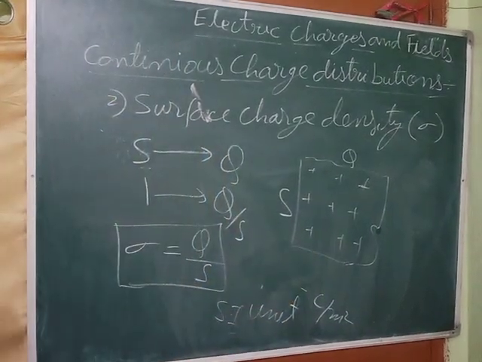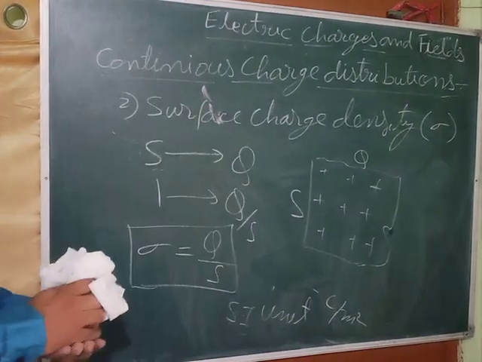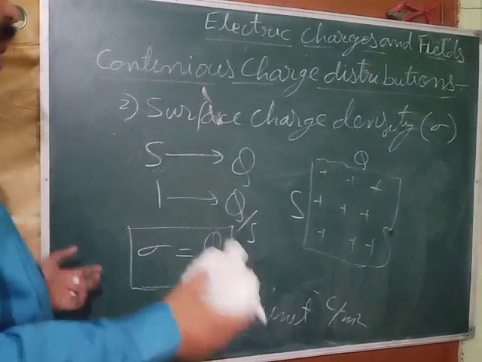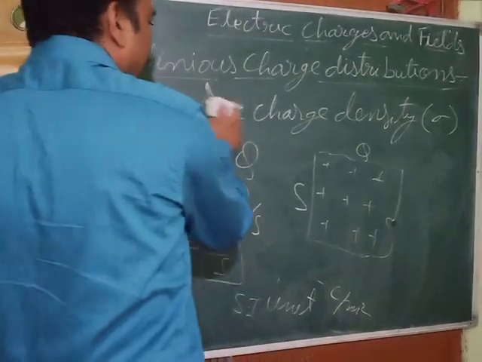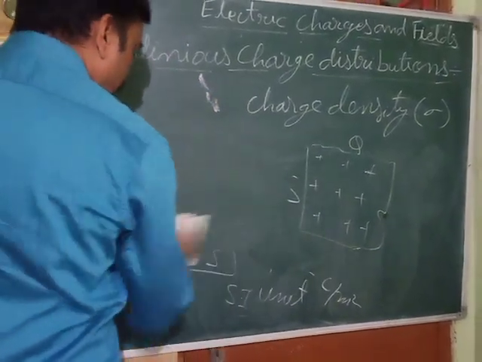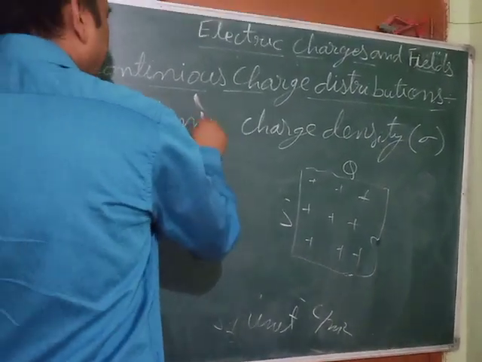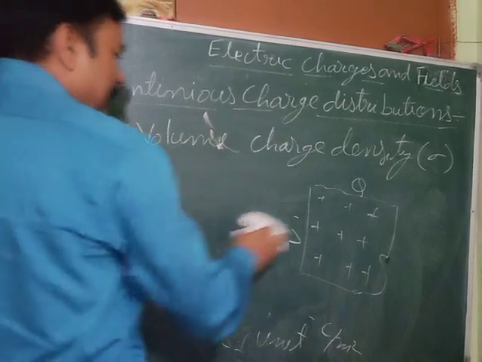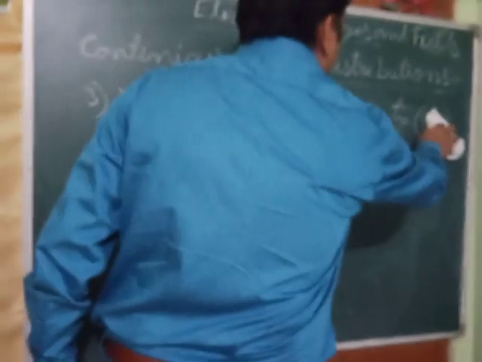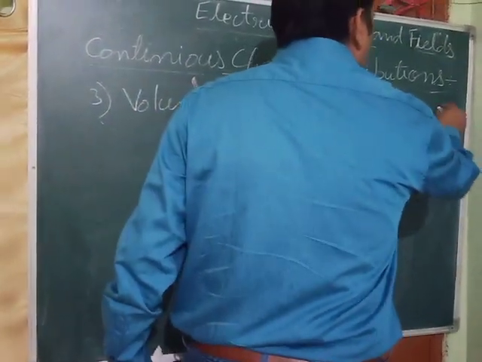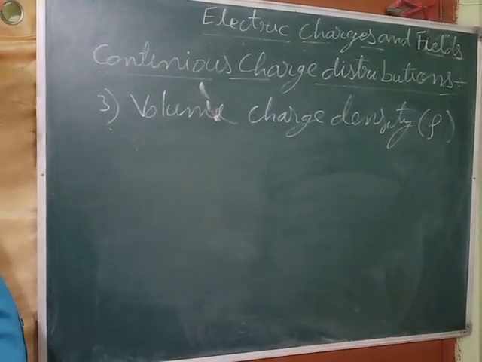Now, for the case of a three-dimensional body like a cube, solid sphere, solid cylinder, solid cone, we use the word volume charge density. It is denoted by rho. You are very well aware of this because you have used the symbol for density also.